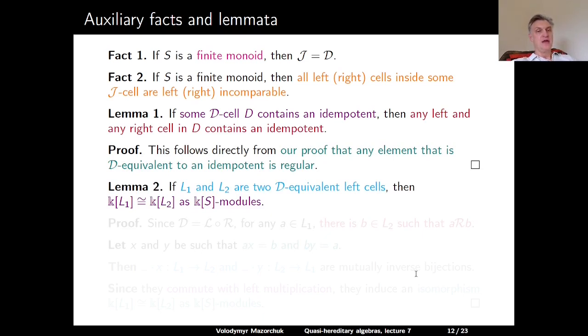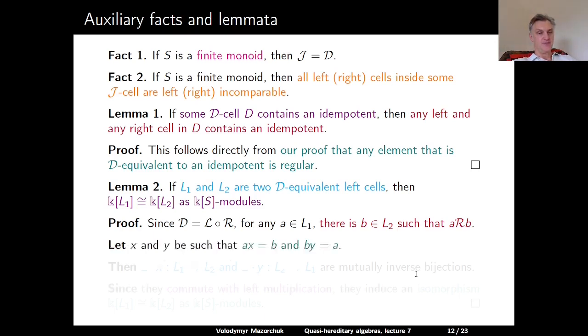Lemma 2: if L1 and L2 are two D equivalent left cells, then the corresponding cell modules are isomorphic as K[S] modules. Proof: since the relation D is a product of the relations L and R, for any element A in L1, there is some element B in L2 which is R equivalent to A.